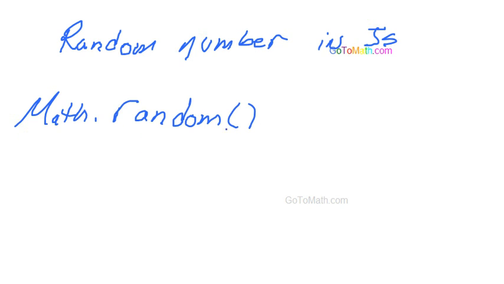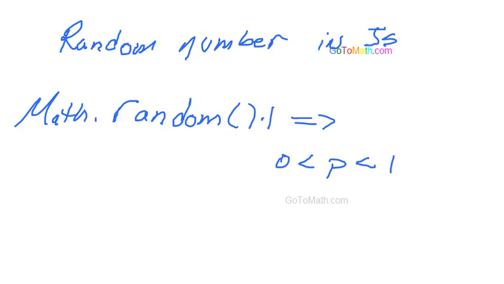Math, capital M, Math.random. And what we're going to get out here, pretend there's a 1 right here, is a number, and of course this is not an integer. We'll say that the number that we get out is P. And P is greater than 0 and less than 1.